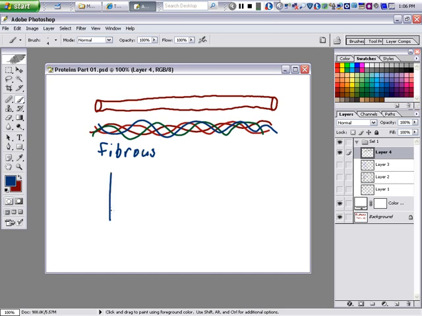I'm going to draw something. Exactly. Myosin or actin. Those are tensile proteins because they have structural properties. They pull to give you contraction.